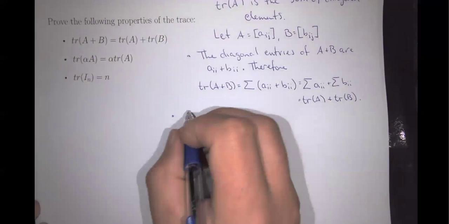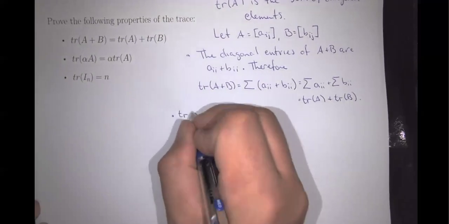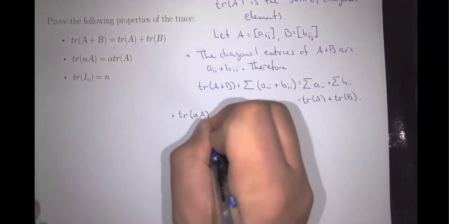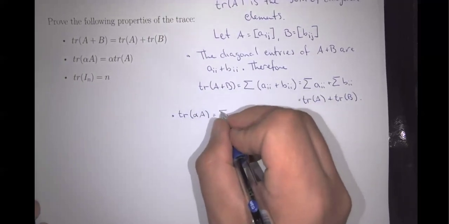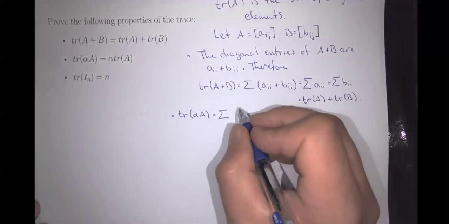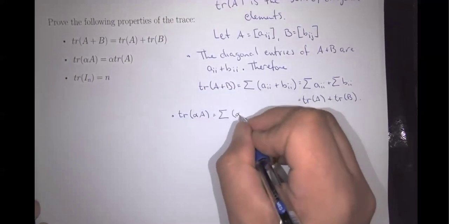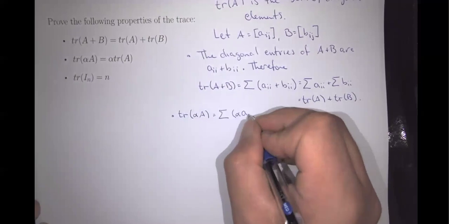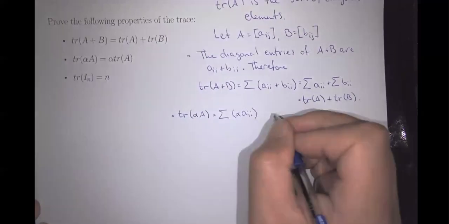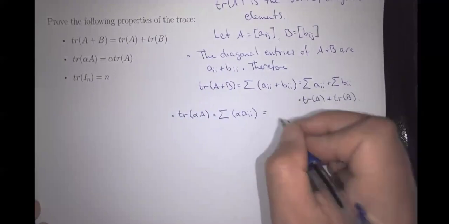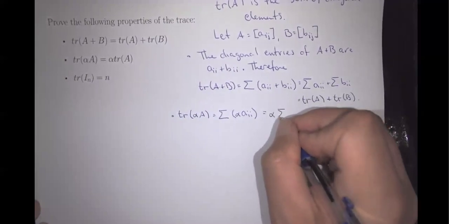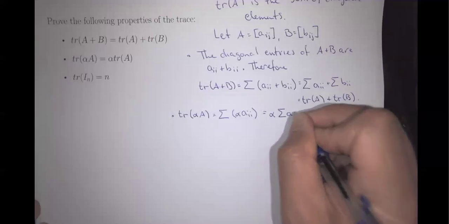Next, the trace of alpha A is equal to the sum of the diagonal entries of alpha A. So this is alpha times a_ii, which happens to be equal to alpha times the sum of the a_ii's.